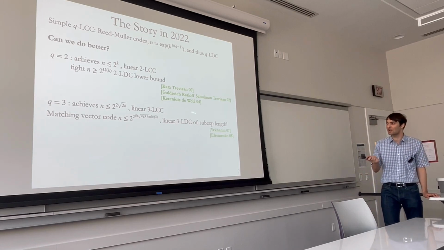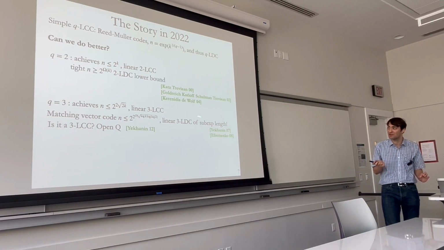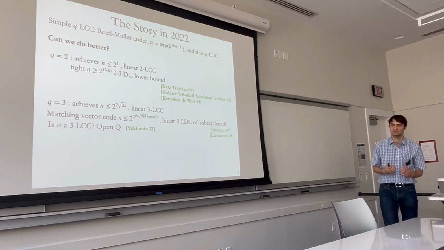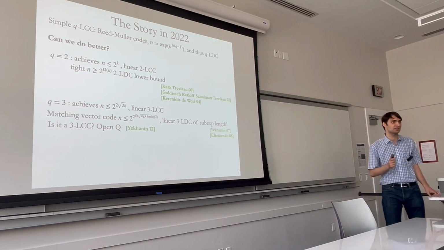And you might wonder if perhaps this code, in addition to being locally decodable, is also locally correctable. And it turns out this is actually an open question. And this is in spite of the fact that this is a very explicit code. So you could imagine that for an explicit code, it's pretty easy to rule out that it's locally correctable. It turns out that for this code, that's actually not the case.